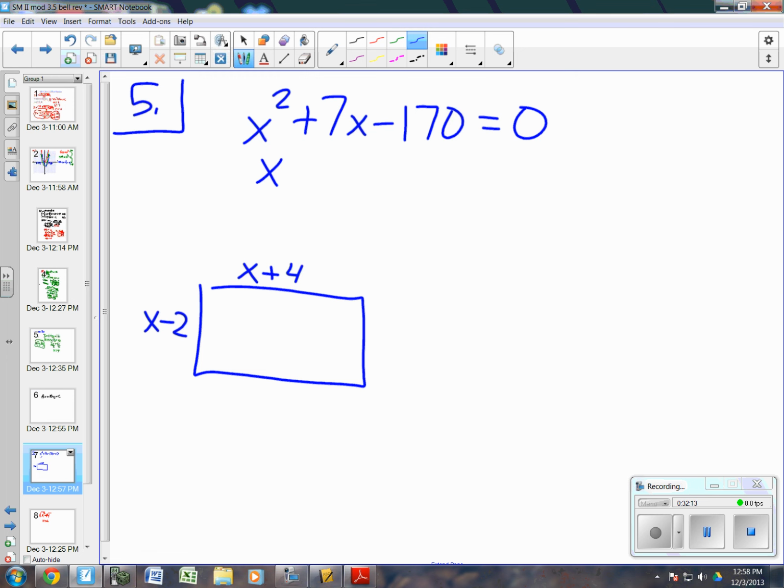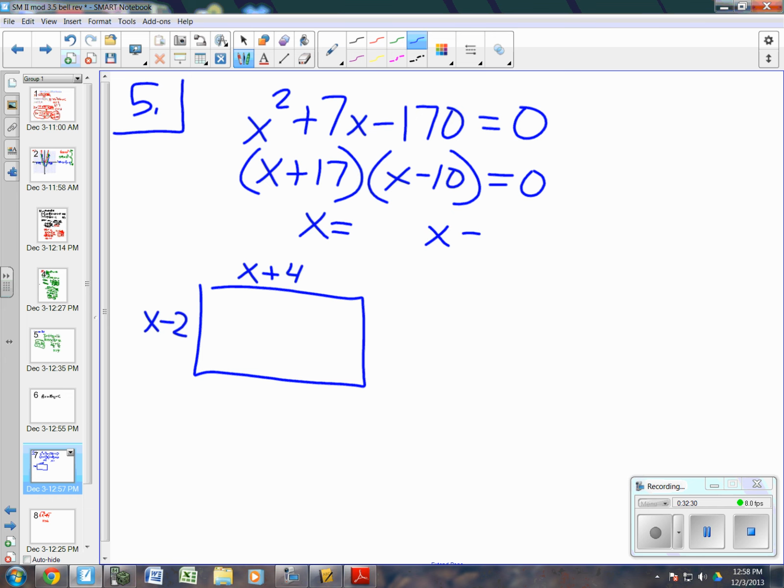If I make it x plus 17 times x minus 10, right? Because 17 times negative 10 is negative 170, and 17 plus negative 10 is 7. So what are my 2 x-intercepts, you guys? Negative 17 and positive 10 are my 2 x-intercepts.